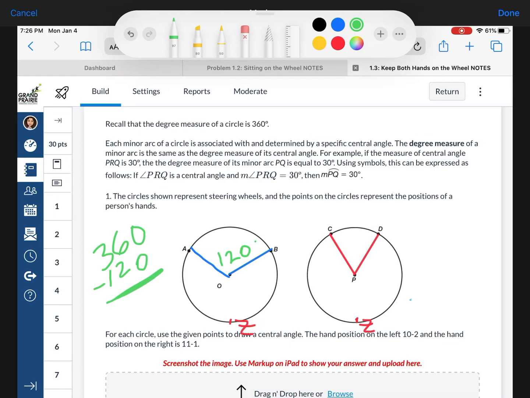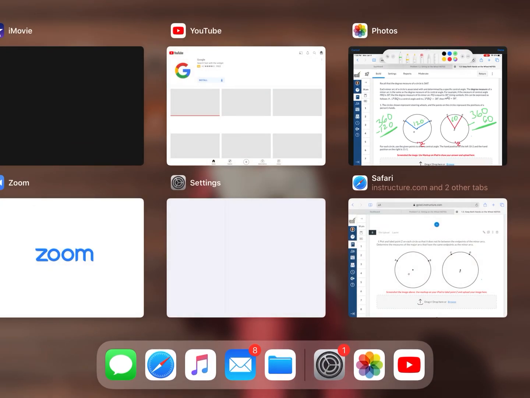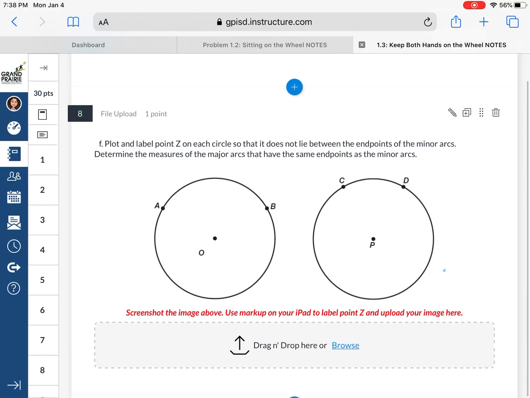Here we said this one was 60 degrees, and we would do the same thing to find the measure of the larger arc: 360 minus 60. That would give us that answer. Okay, go ahead and type your answers and upload your picture, and I'll see you in the next video.